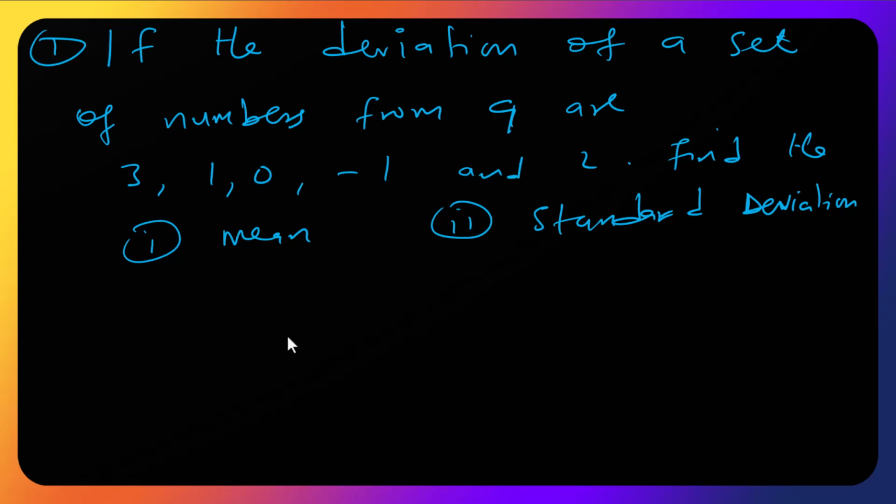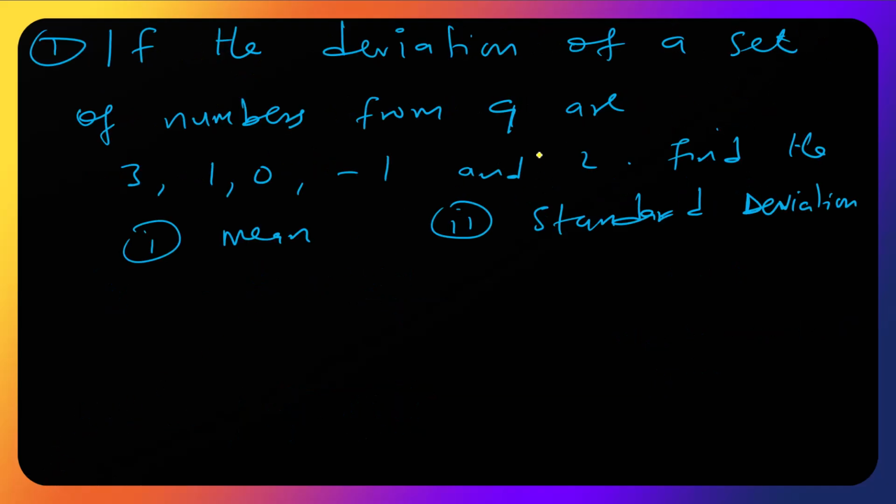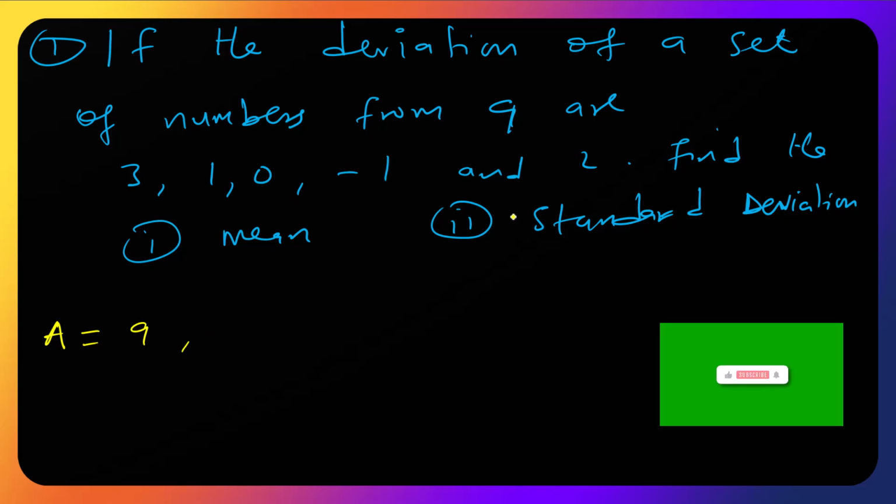Okay, so let's observe this. If the deviation of a set of numbers from 9, so knowing the deviations from an assumed mean, from 9 here is given as a, so my a is 9. And I have the deviations here, so I can form a table.